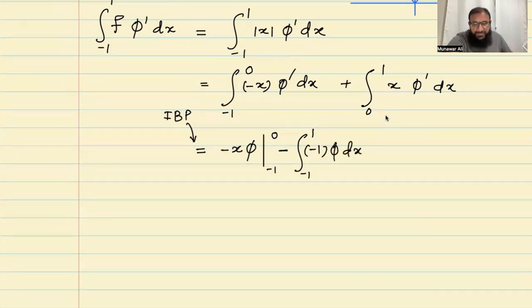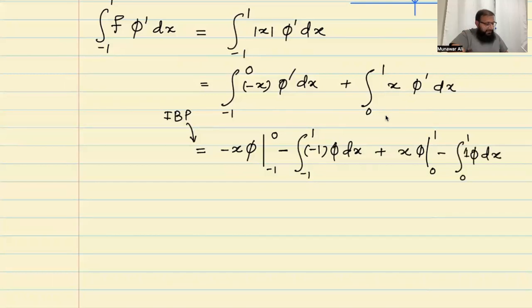So this is integration by parts for the first integral. And for the second integral, again x times phi evaluated from 0 to 1, minus the derivative of x, which is 1, times phi dx.